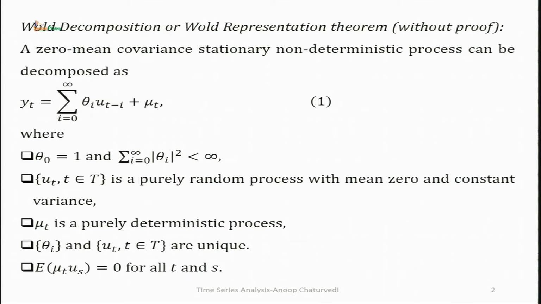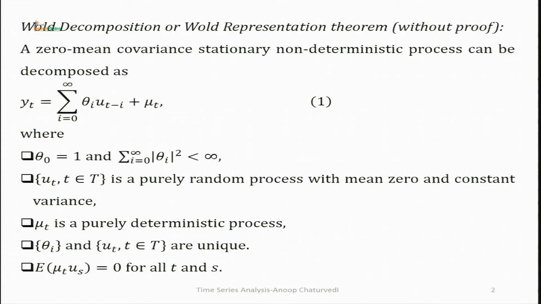as y_t equal to summation i equal to 0 to infinity theta_i u_{t-i} plus mu_t. Well, I am not going to give you the proof of this result. Now, here for i equal to 0, theta_0 is equal to 1.